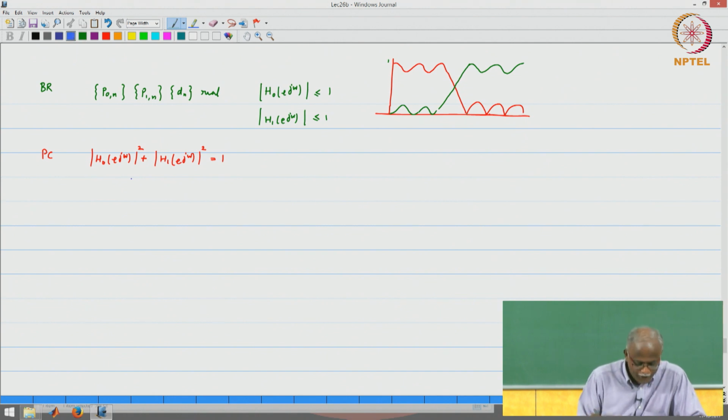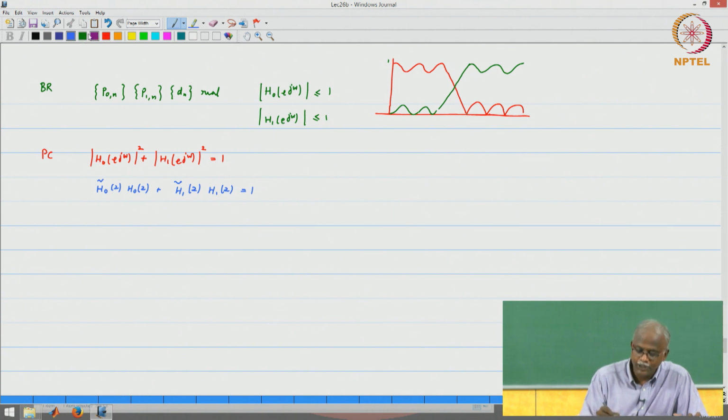By analytic continuation, we say that this is equal to H0 tilde of z times H0 of z plus H1 tilde of z times H1 of z equal to 1. That is the first step.